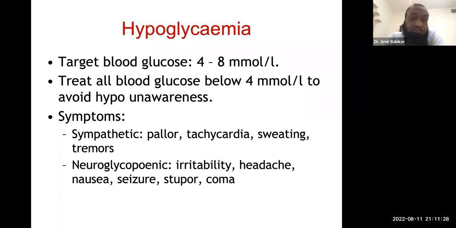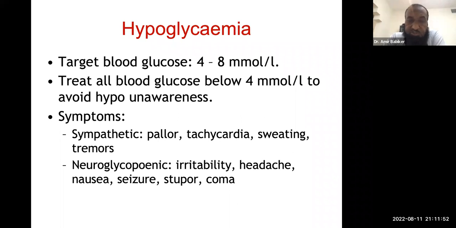But if you allow this to happen up to 2.5, you may end up with a patient who has a seizure with this insulin treatment. And therefore we set it that way, and this is the opposite of hypo-unawareness. Hypo-unawareness means someone who has no awareness of hypo because he goes hypo frequently. Then he only feels the hypo when it comes to a dangerous level.